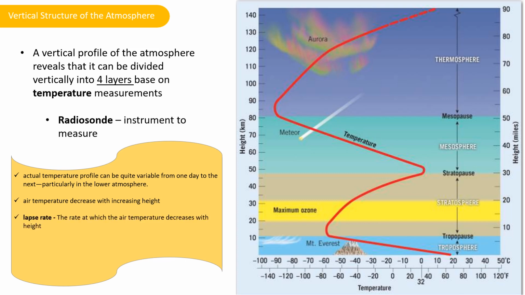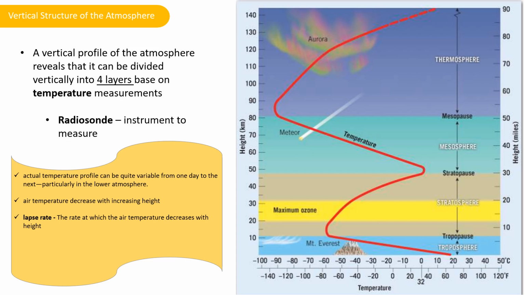And this rate at which the air temperature decreases with height is what we call the environmental lapse rate. This lapse rate is not constant, but rather can be highly variable and can vary over the course of a day as a result of fluctuations in weather, as well as seasonally and from place to place.